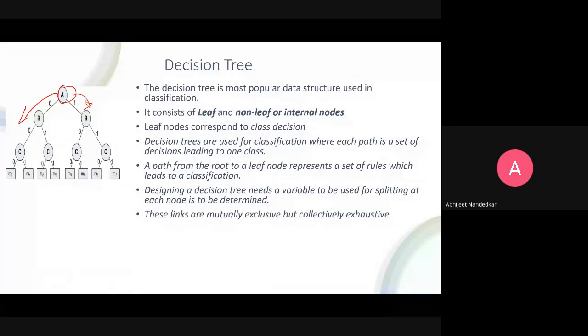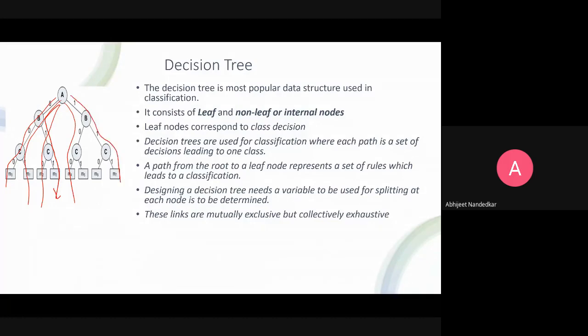These links are mutually exclusive but collectively exhaustive. Meaning is what? So if I take a link, suppose this is my path, there is another path, there is another path here. So there are so many paths that are running as per the number of actual classes.